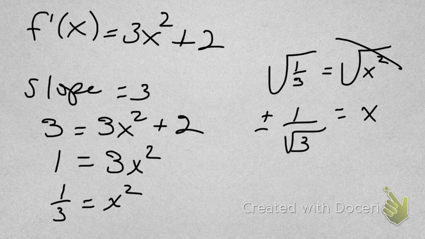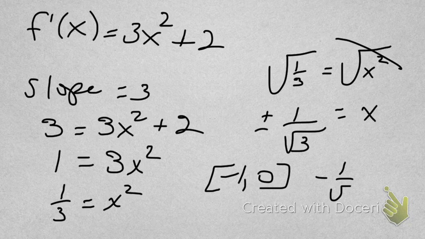We got 2 values of x, but we're only looking on this interval between -1 and 0. That means that we're going to keep -1 divided by the square root of 3. But we've got to toss out 1 divided by the square root of 3 because that's positive and it's not on the interval. Now we can say that c would be -1 over the square root of 3.